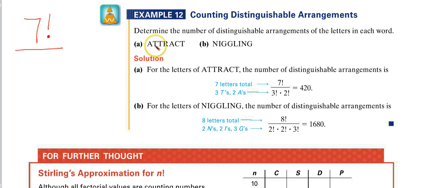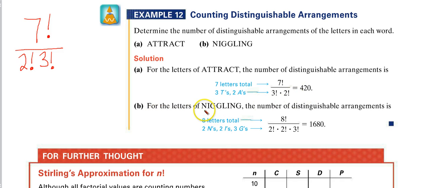Well, there's a 1, 2 for the A's, so 2 factorial. And for the T's, 1, 2, 3. 3 factorial. And that's how it's done. And if you put that in your calculator or figure out whatever method you're going to use to do the math, this is what you get.